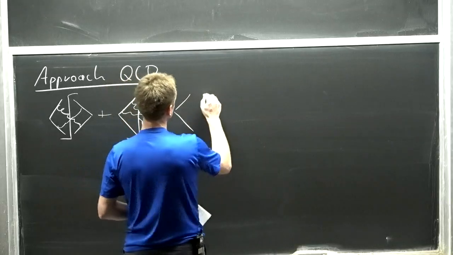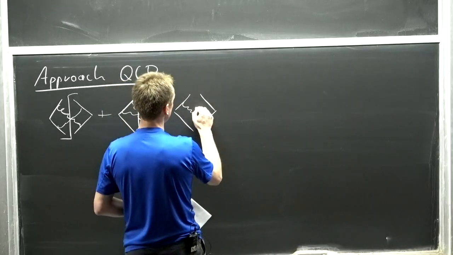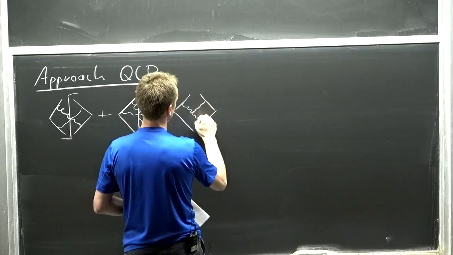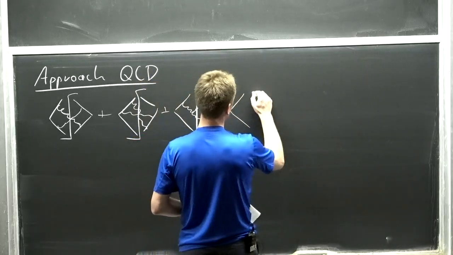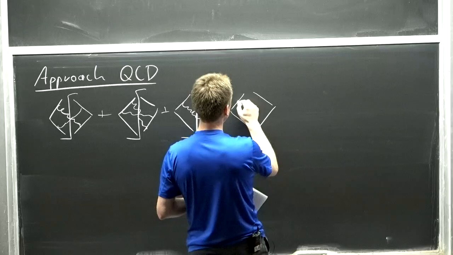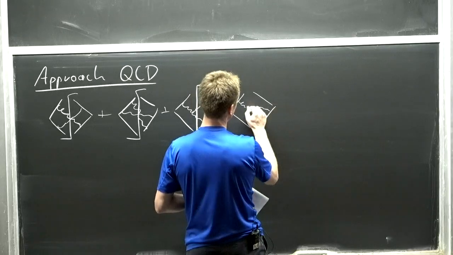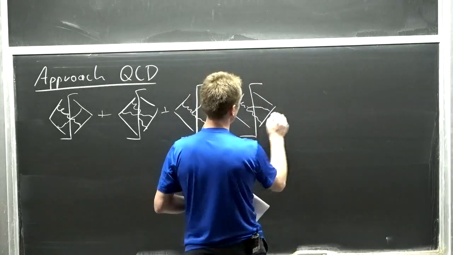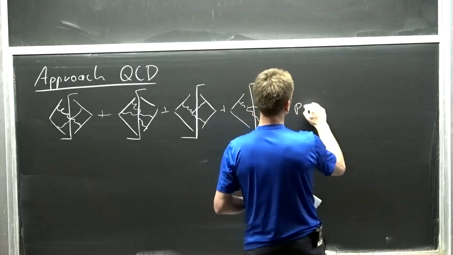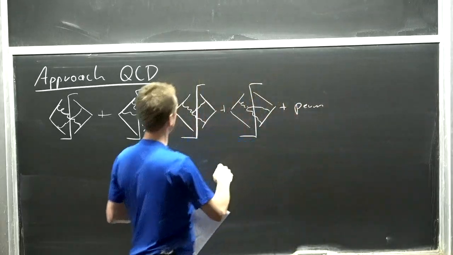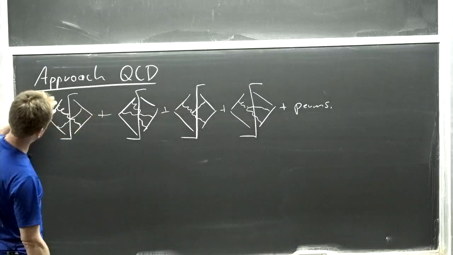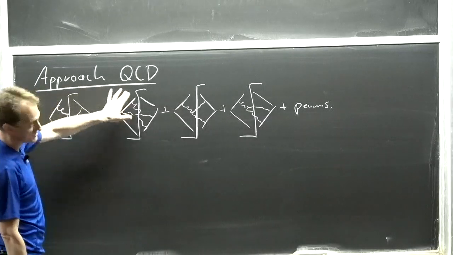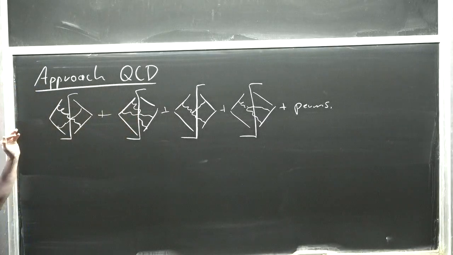You can have diagrams with a triple gauge coupling, where you cut through here, and you can have diagrams with a triple gauge coupling where both couple to the same. And then you have permutations of this, where the attachment of the gluons to the individual Wilson lines is in different places. Okay.